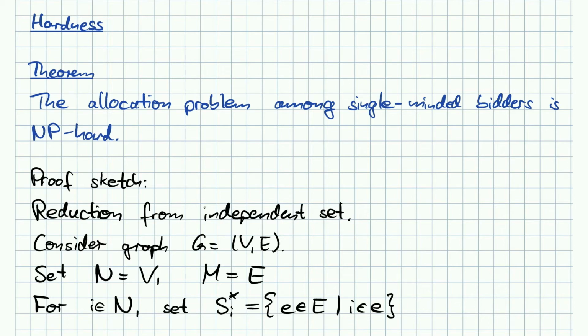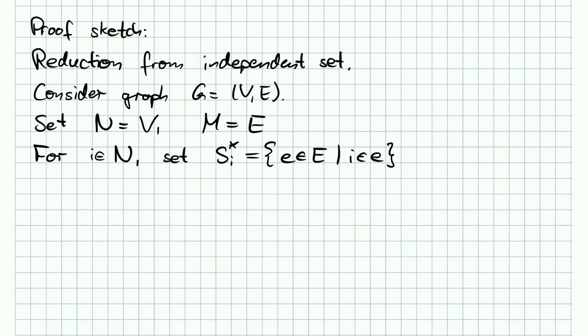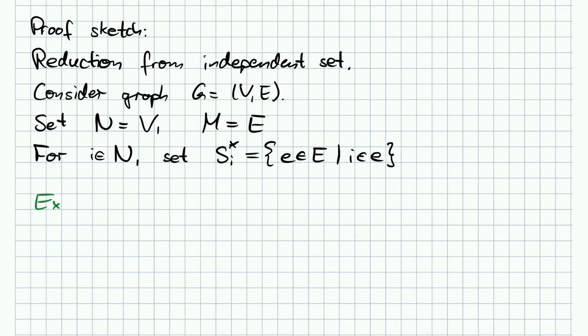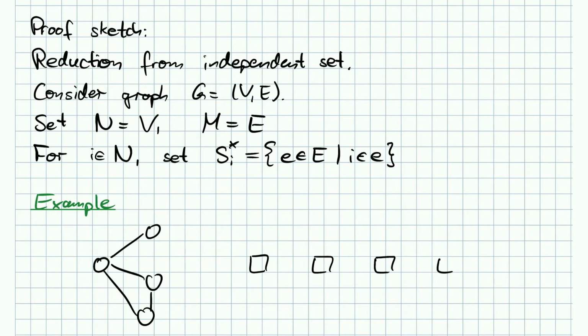So this means we represent our graph as follows. What will this look like? Just suppose we might have this kind of graph. Then we'll interpret this by 4 items, 1 for each edge, and 4 bidders.